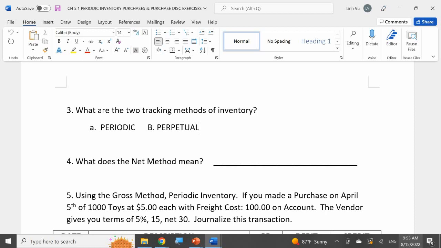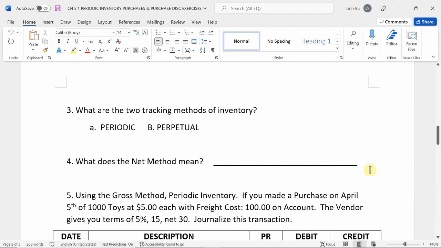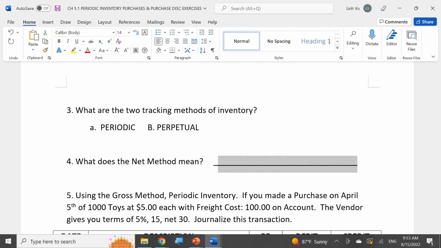Good. Okay. Now, what does net method mean? You take the discount immediately. Yes. Take discount immediately.